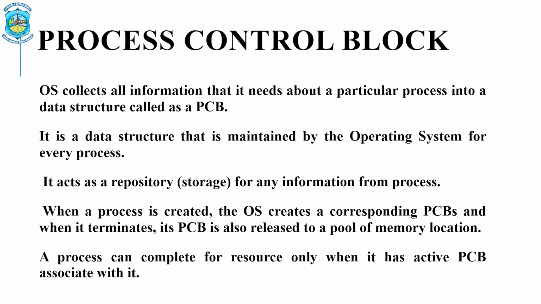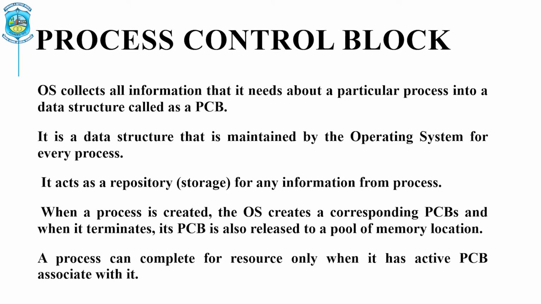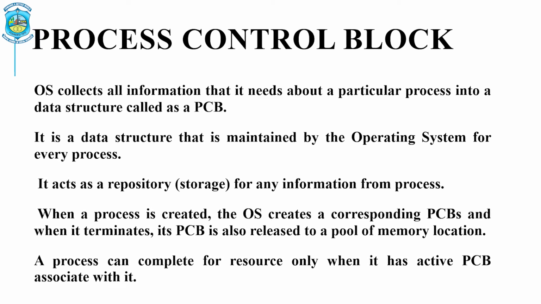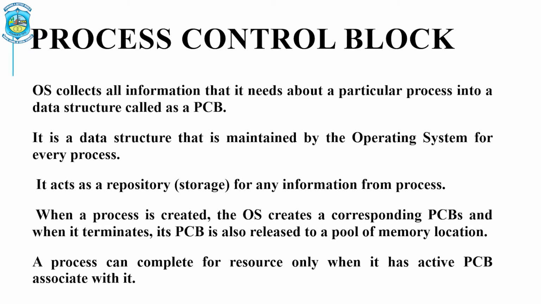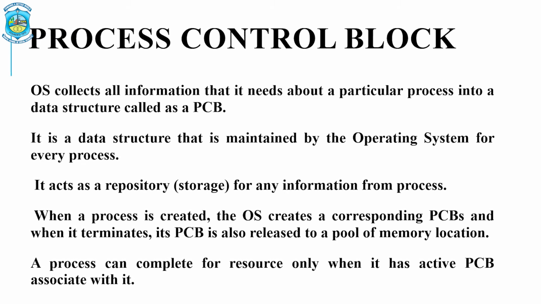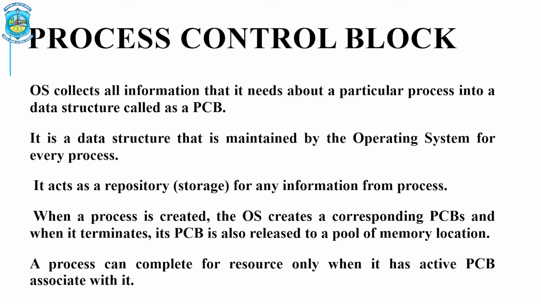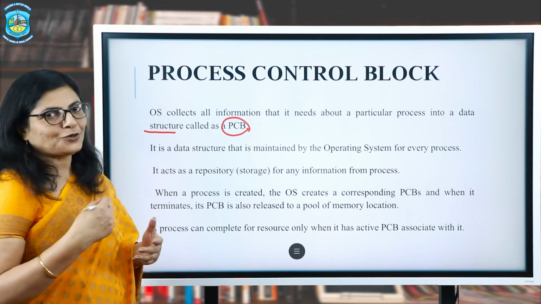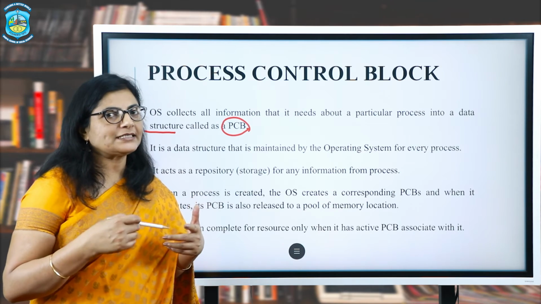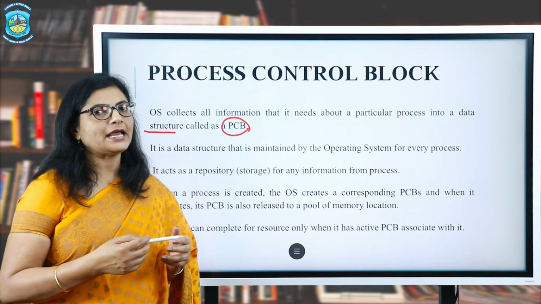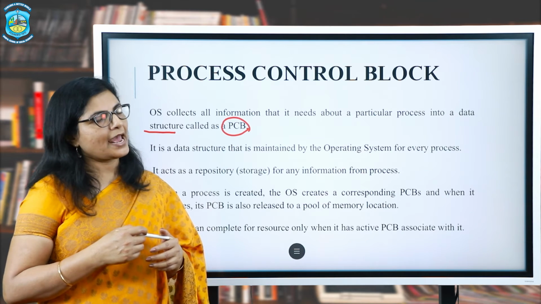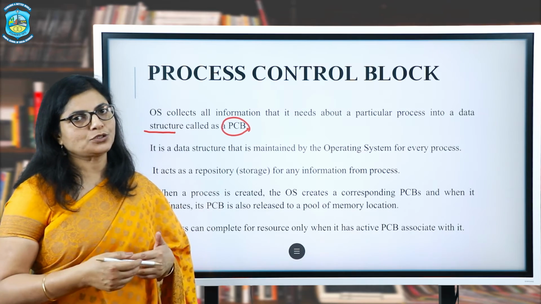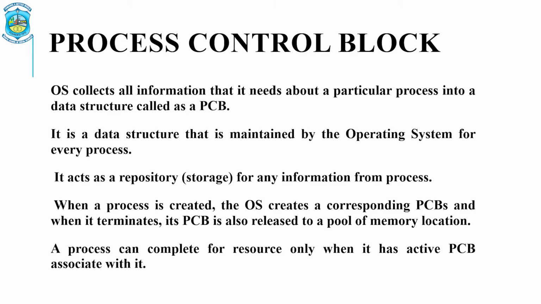It acts as a repository or storage for any information about a process. When a process is created, the OS creates a corresponding PCB, and when it terminates, its PCB is also released. As I told you, whenever a process is created, the PCB is automatically generated, and whenever it is terminated, the PCB is also automatically deleted.